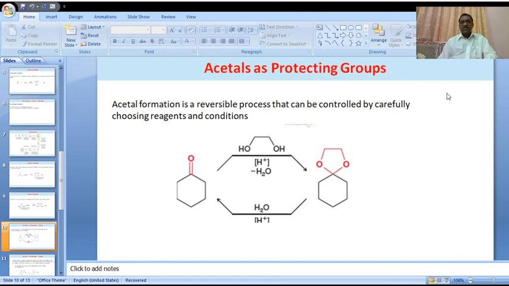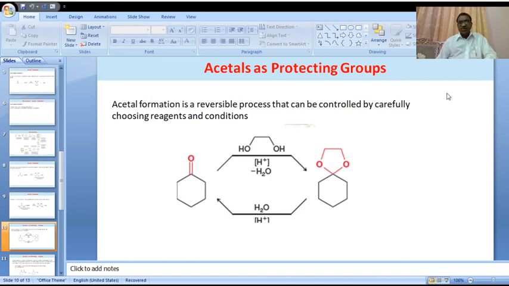All the acetal formation reactions are generally reversible reactions. Based on the reactants, the reversible process may favor the product side in some of the reactions.